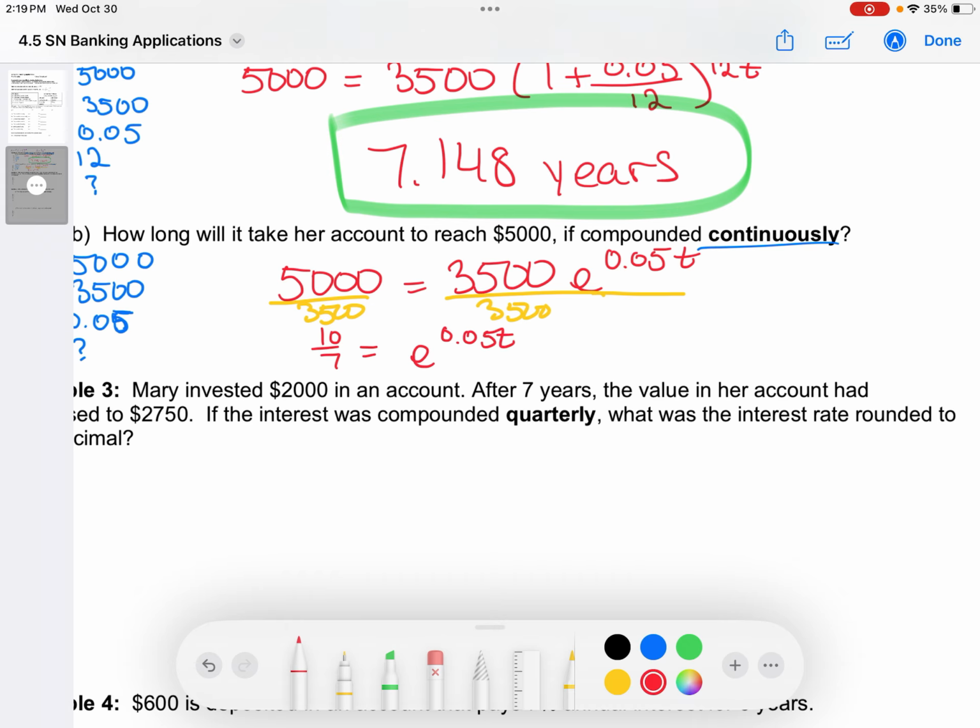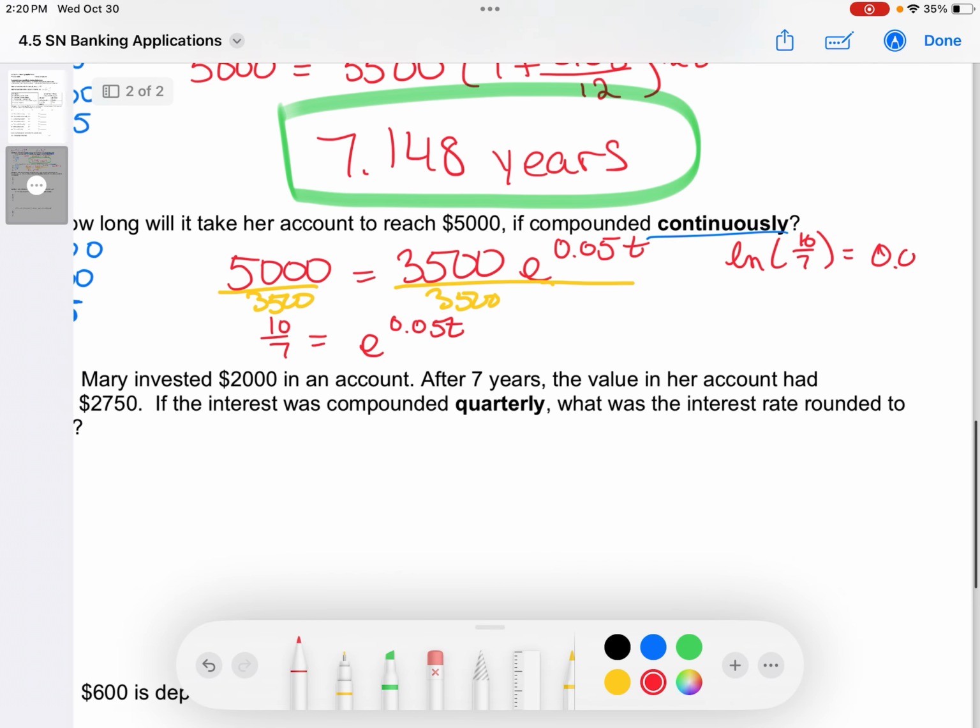Drop and cross, it's natural log of 10 over 7 equaling 0.05t. So T is natural log of 10 over 7 divided by 0.05.